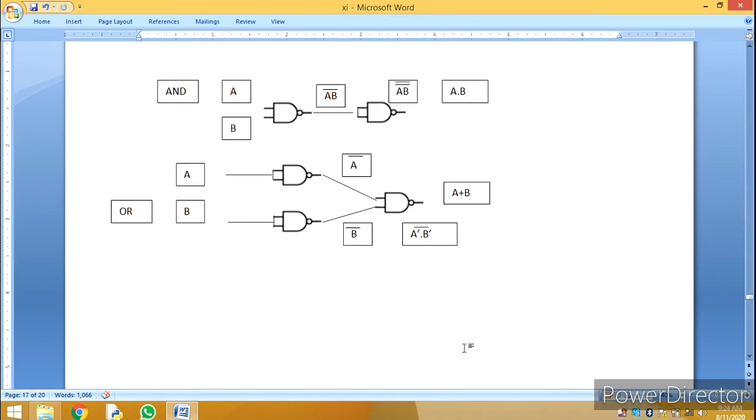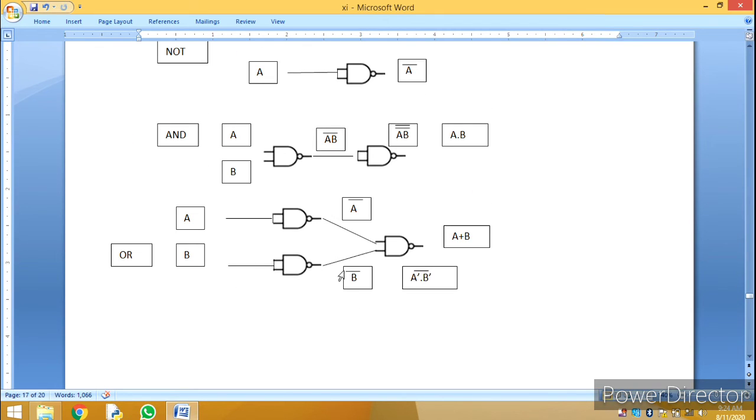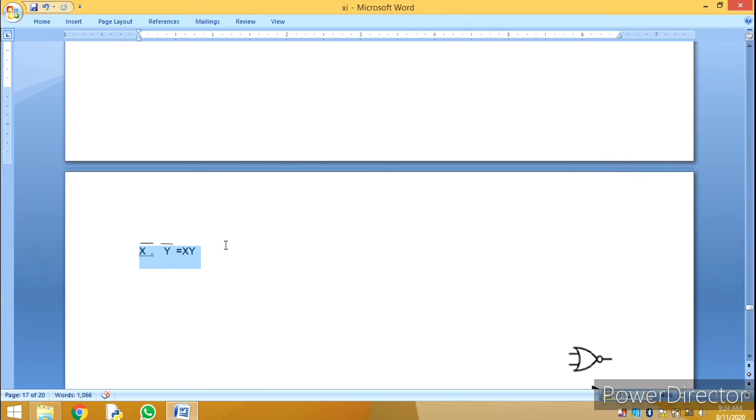Let me make it clear. Suppose we have the inputs A, B as 0, 1, and the outputs are 0, 1, 1, 1, 0.